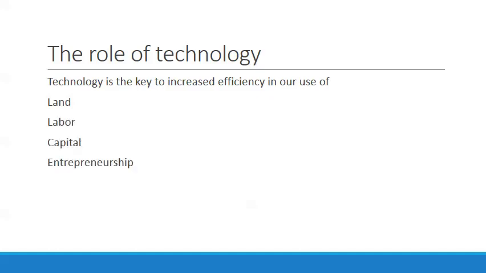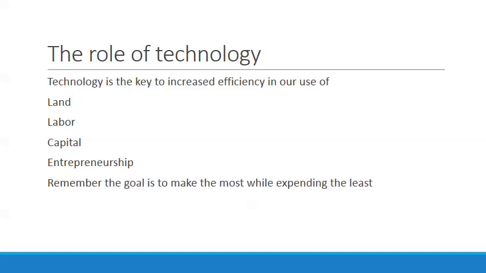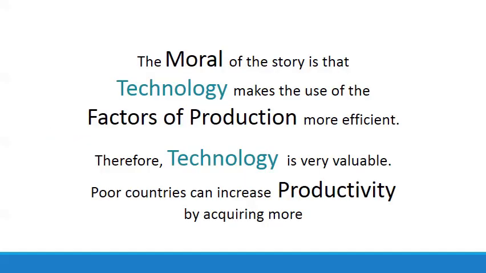In other words, the ability to be more efficient in the four factors of production is based on our ability to use technology. So if we say the goal is to make the most while expending the least, that is the definition of efficiency. And the more efficient we can be depends on our ability to use technology.